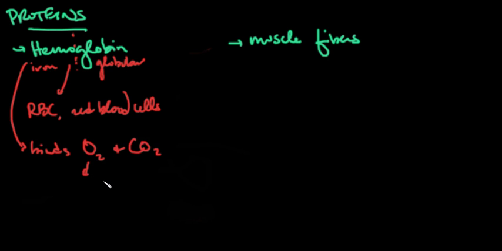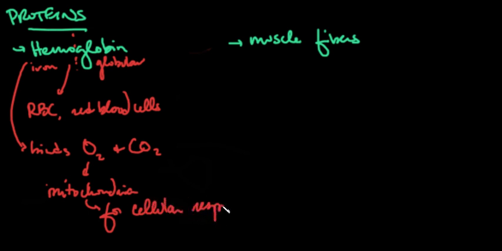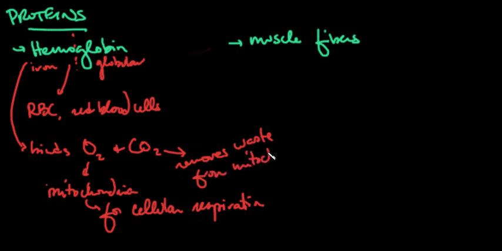So the O2 finds its way to your mitochondria for cellular respiration. And the CO2 removes waste from mitochondria produced in cellular respiration.